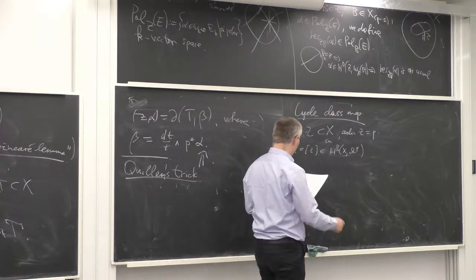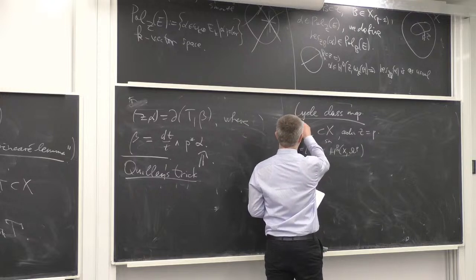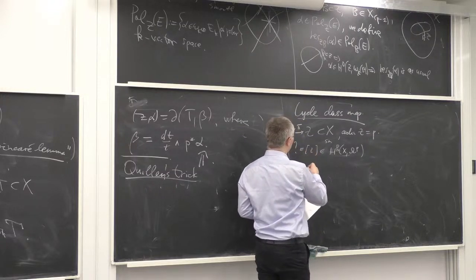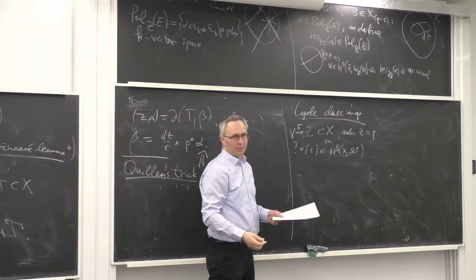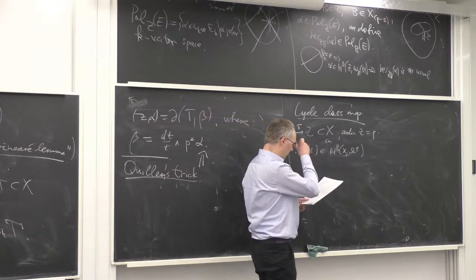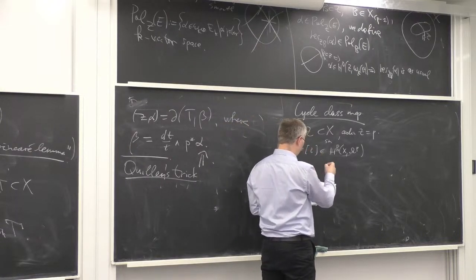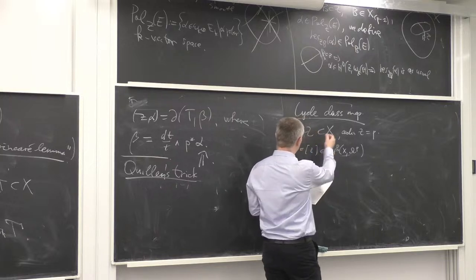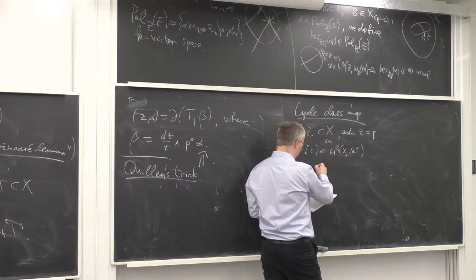How to do it? I consider the singularization of this cycle. The cycle may be singular, so I consider the singularization. And then I have a kind of Gauss map. My differential gives me a map.